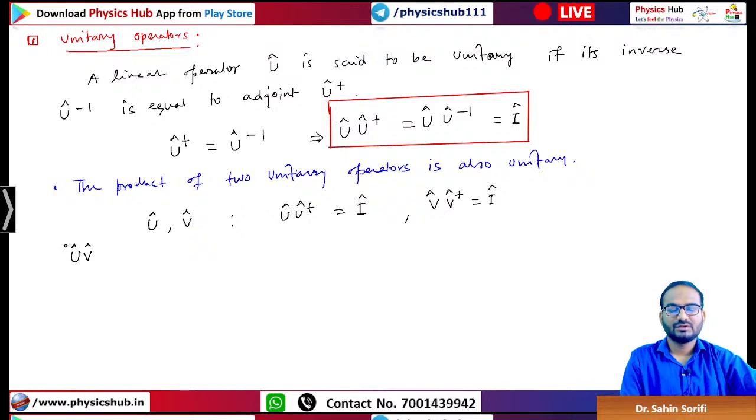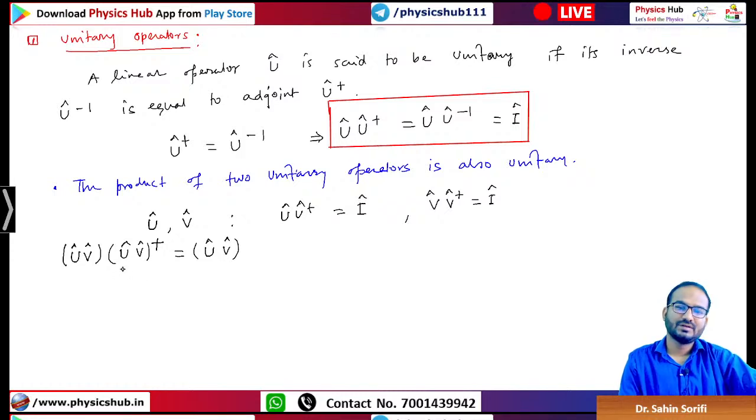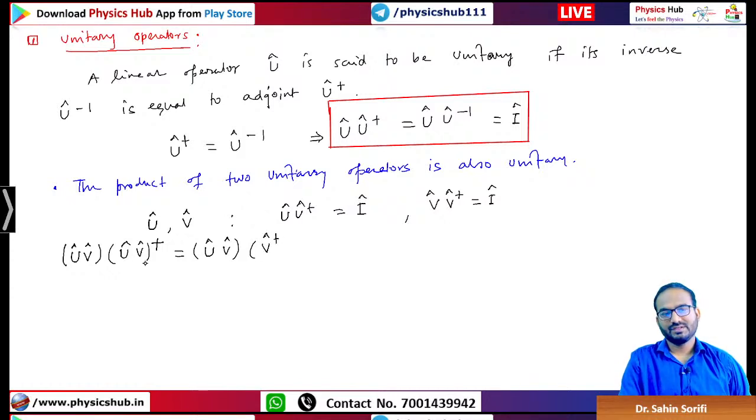What you have to show is that the product of the operators, UV times (UV) dagger, should be identity as well if the product of the two unitary operators is unitary. So this will be UV, and when you apply dagger, it applies from the right, so this will become V dagger, then U dagger.